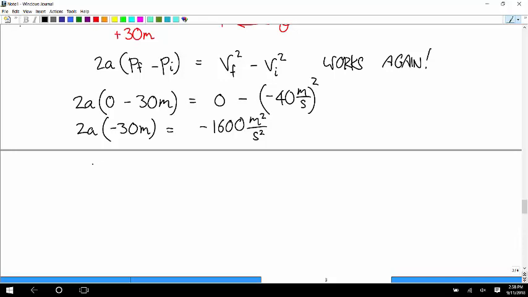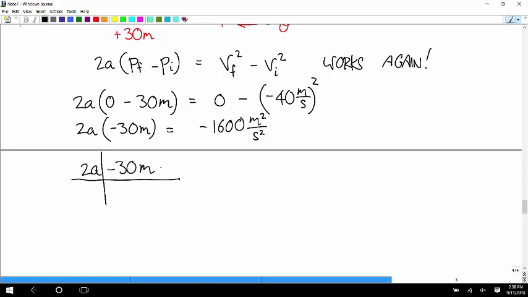And now I'm going to write it out in that format for converting units. So we have 2a times negative 30 meters is equal to negative 1600 meters times meters over seconds times seconds. I'll cancel 1 meter on each side there.